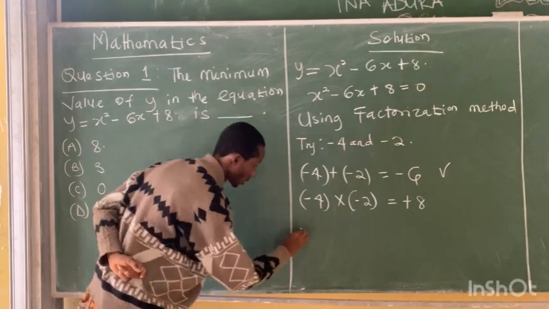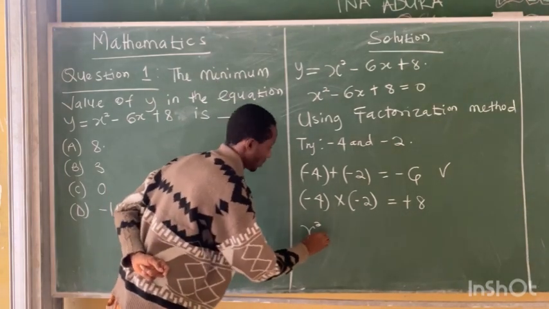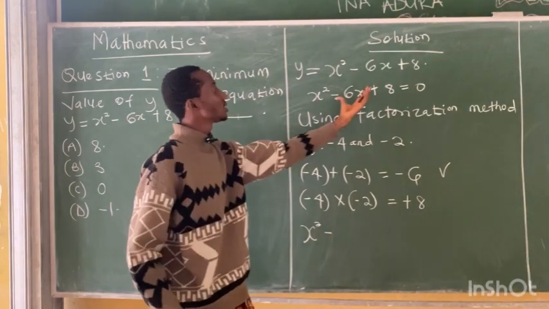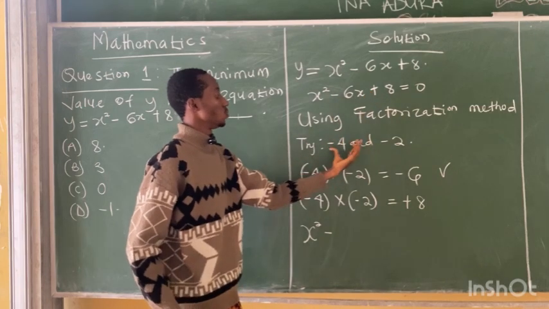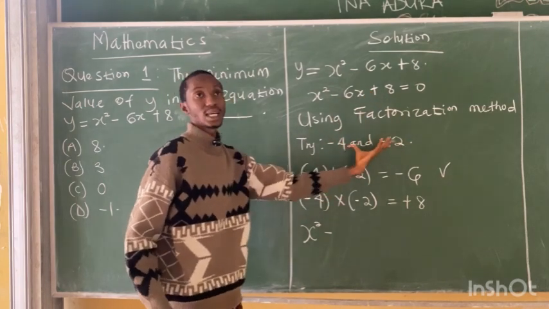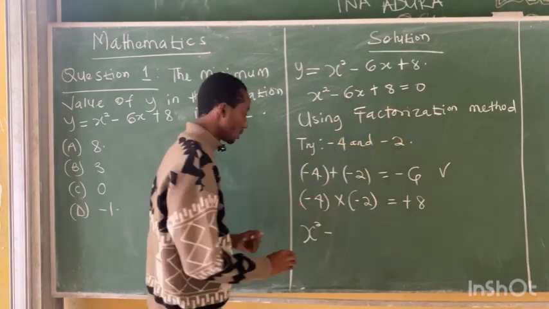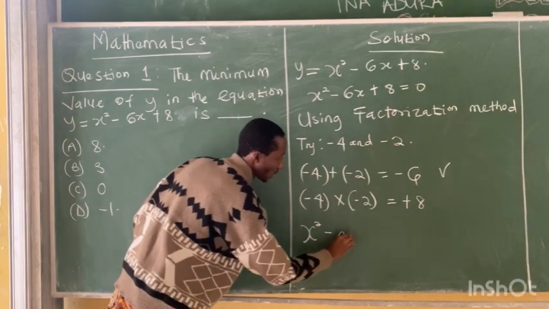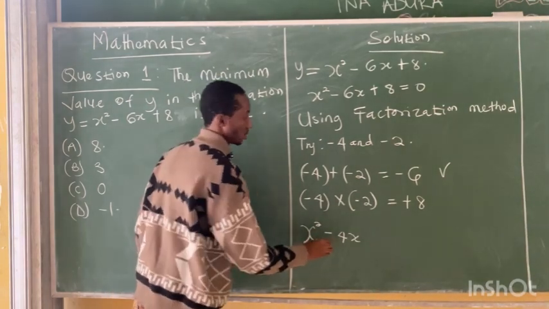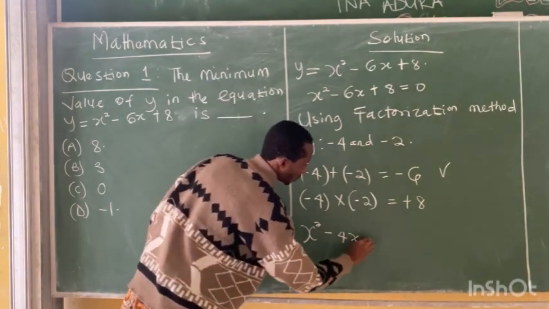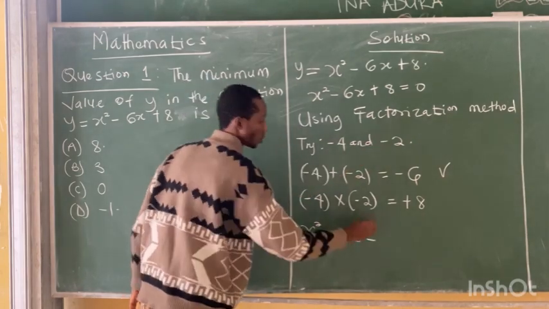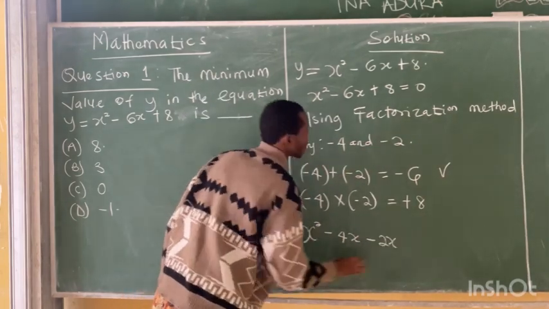We have x squared minus, instead of writing 6x, we replace it with these two values and attach x to them. By that I mean we have minus 4x. The next value we have is minus 2, and we also attach x to it.